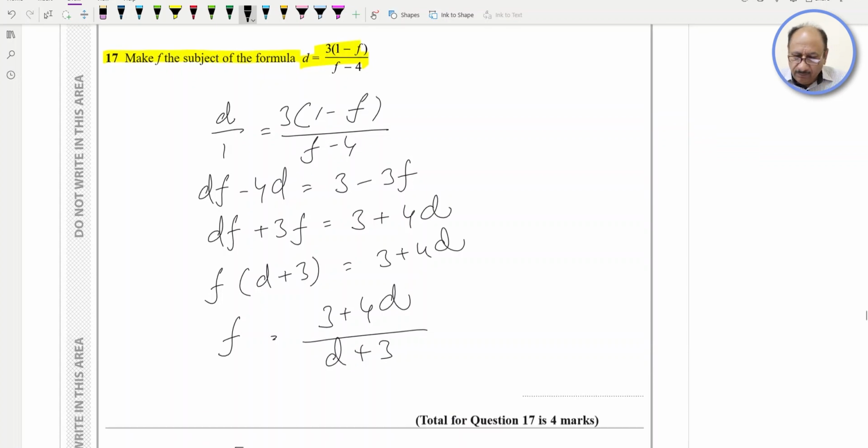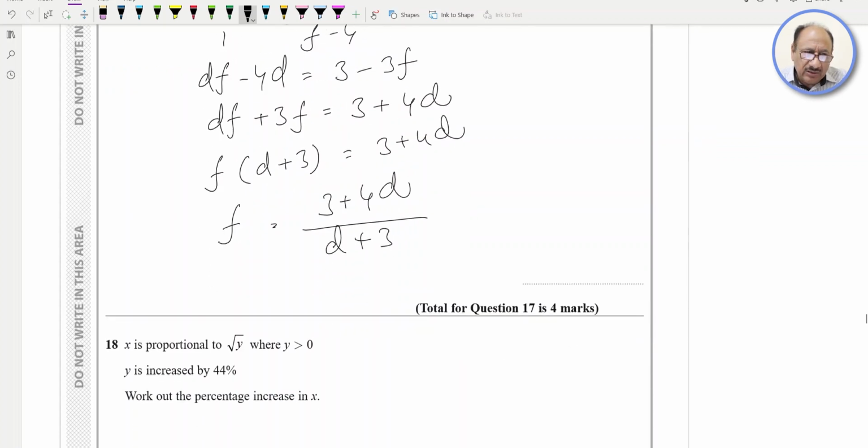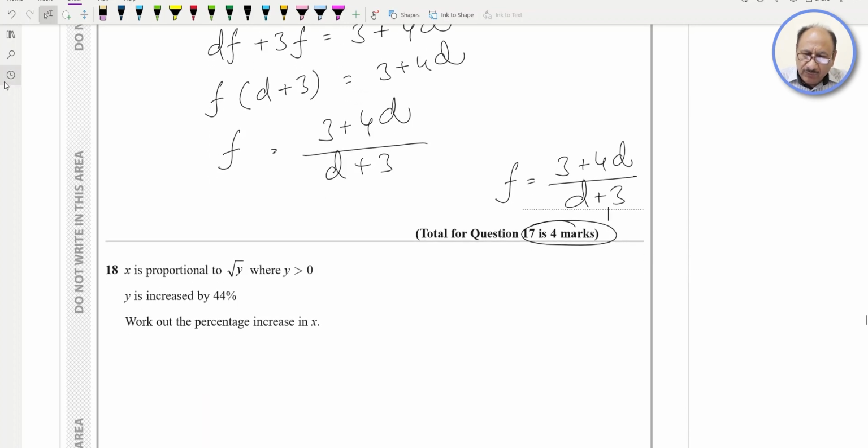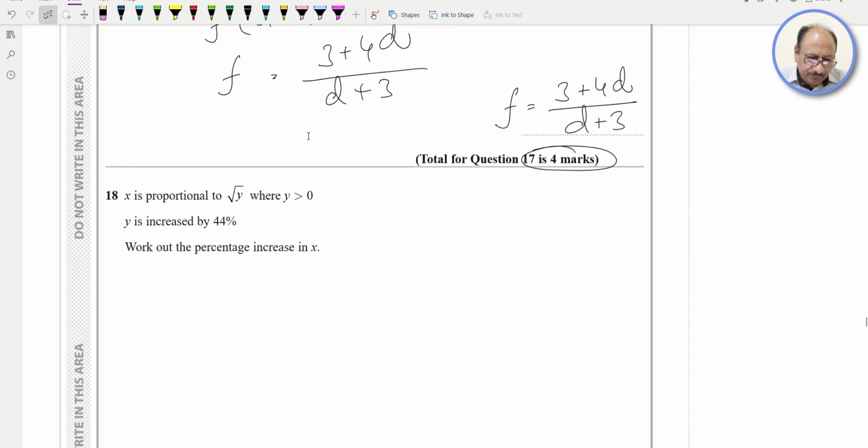This will be the final answer, and keep in mind this is a very easy 4 marks question. Making subject is basically easier. If you are focusing and practicing for the exam, you can perform better in this.